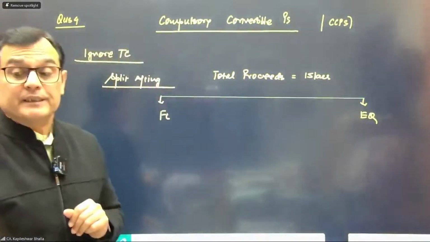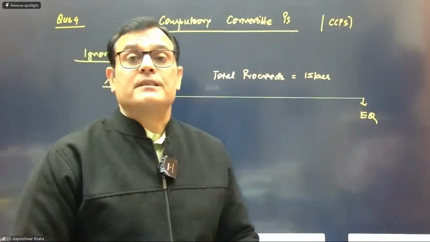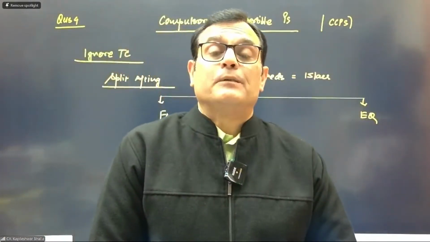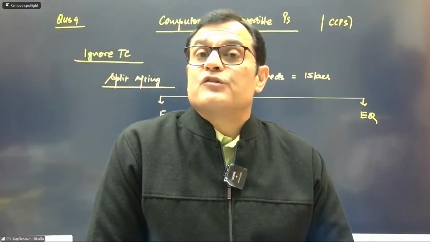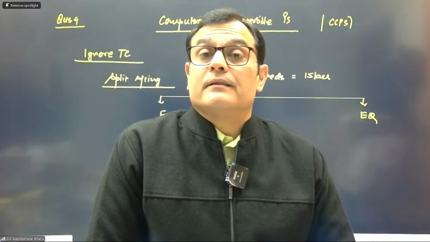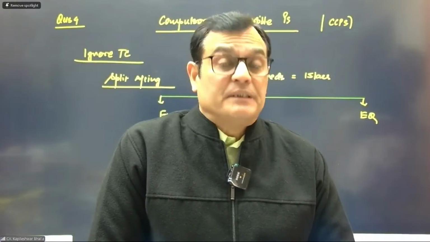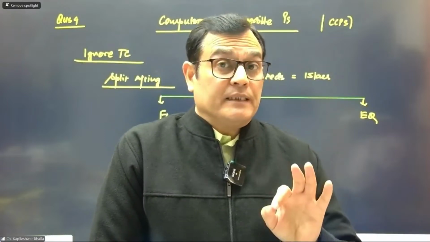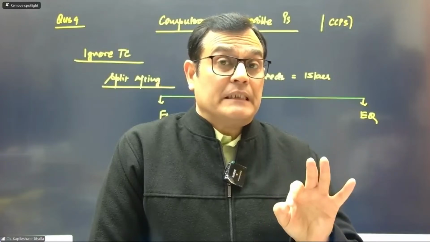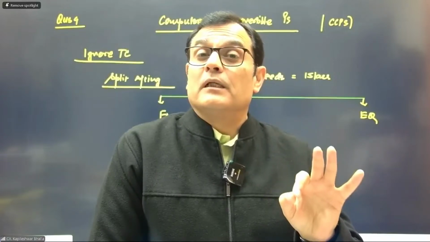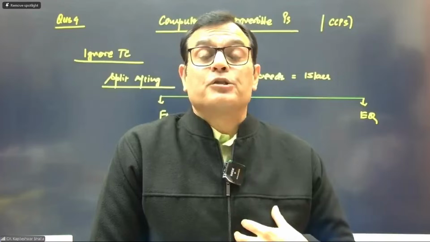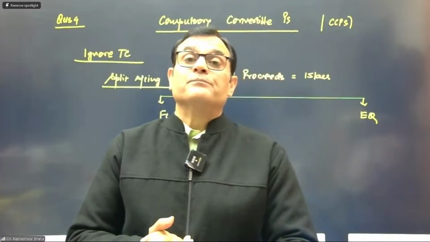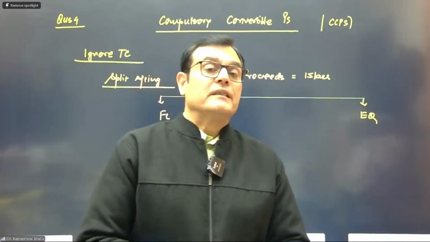And to remind you again, in this particular case, the company is going to pay a 10% coupon rate for the next 5 years and there is going to be no principal repayment. Because in this particular case, the entire principal money is going to be compulsorily convertible in ordinary share. So my financial liability in this case is going to be the amount of dividends only.